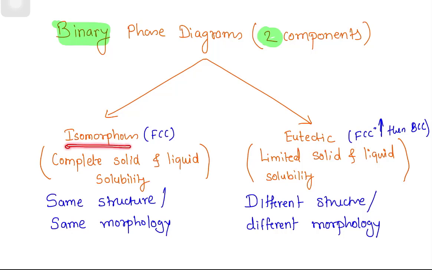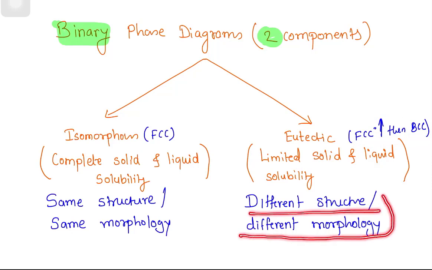In an isomorphous system we don't have a solubility limit or solubility curve. For example, if I have a material which is FCC in structure, first it will be in FCC and then it can change to BCC. In a eutectic system there is a change in the structure. So that's the definition of eutectic, different structure or different morphology. This you will see in the eutectic phase diagram.